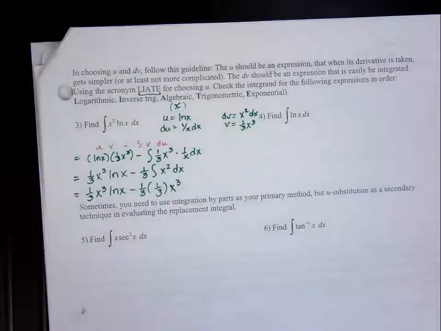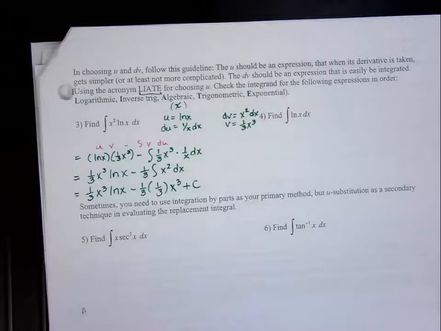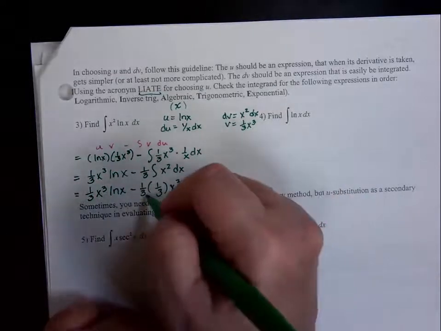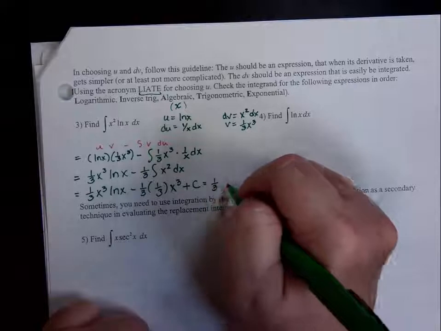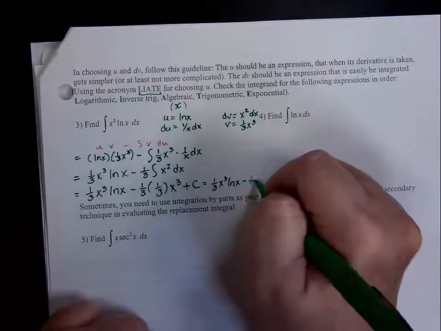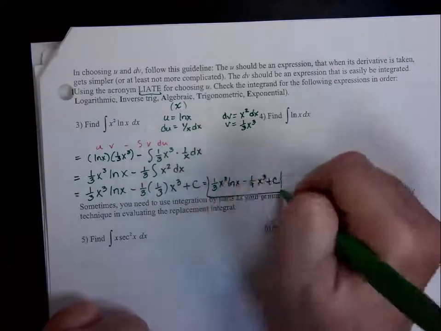The 1/3 that was already there doesn't count. We've got to put another one. Plus c. Now we're ready for plus c. Once you're done pulling everything out of the integrals, then the plus c goes on. Okay? So I'm going to take this one more step because I can combine those together. So it's 1/3 x to the third ln of x minus 1/9 x to the third plus c. And that's my answer.